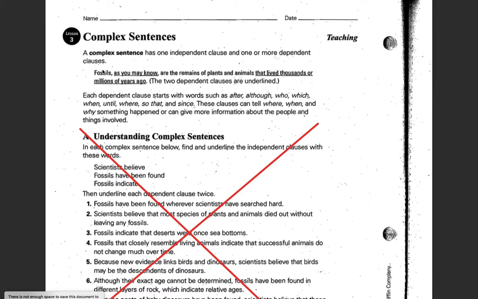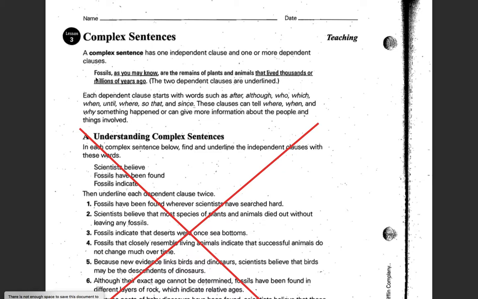All right. So this example here says, fossils, as you may know, are the remains of plants and animals that lived thousands or millions of years ago. So in this example here, I have two dependent clauses which are underlined. So, as you may know, is one dependent clause, and the other dependent clause is that lived thousands or millions of years ago.